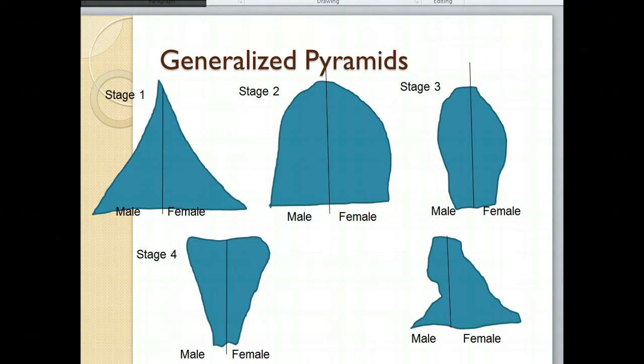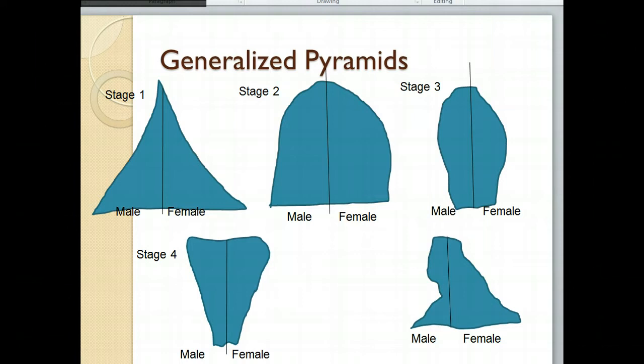In stage 2, you begin to really see this population explosion as people are living longer. In stage 3, you begin to see a little bit of lessening at the bottom of the pyramid, bulging as the population gets older, and in stage 4 you would see more of an inverted pyramid.